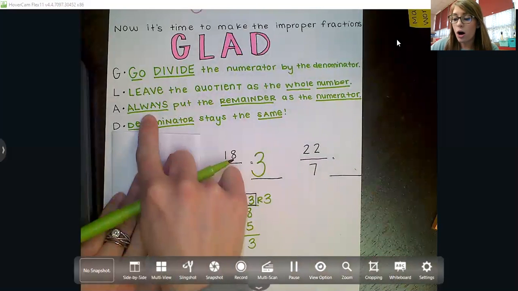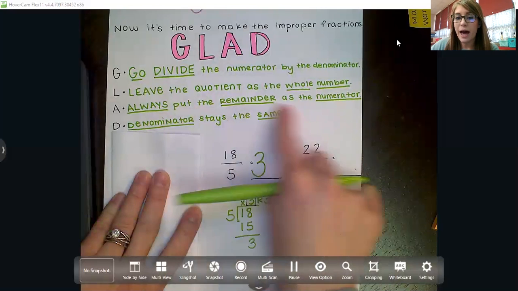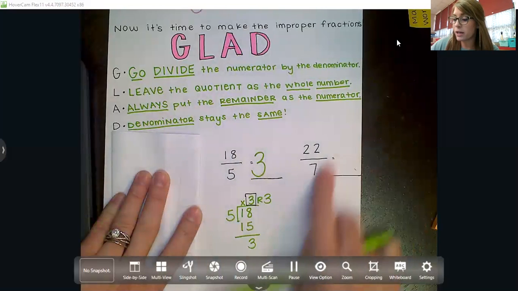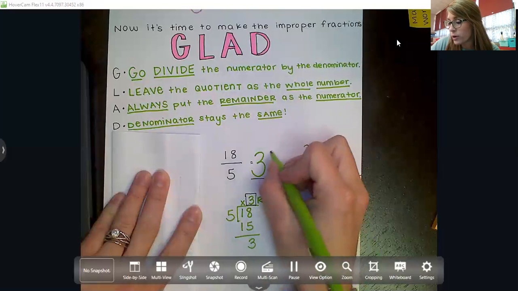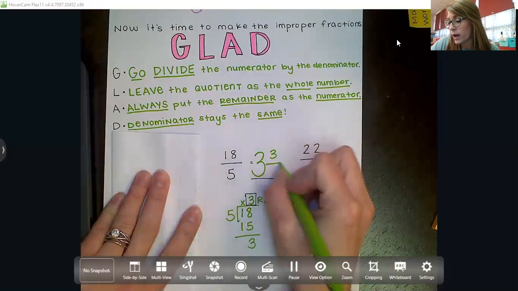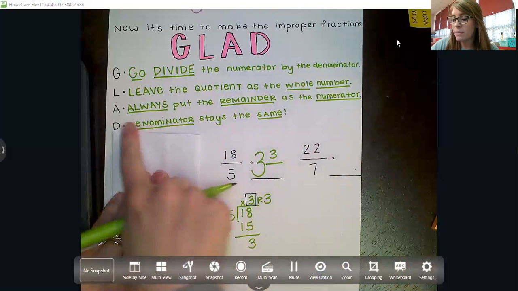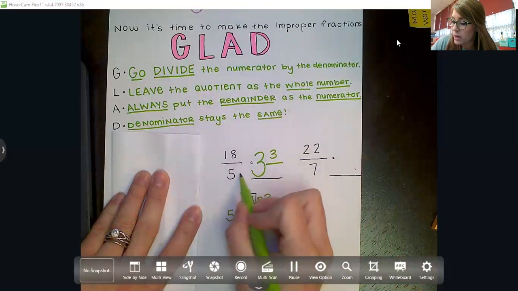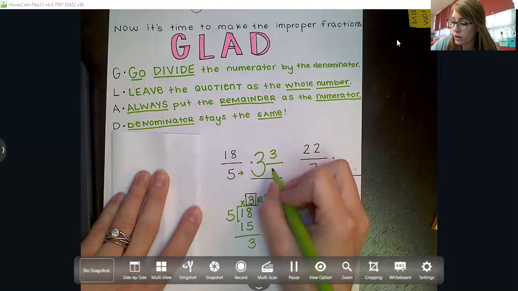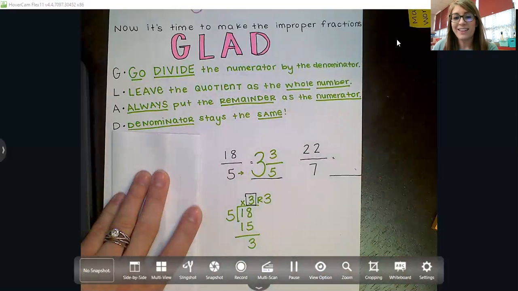Next step, always put the remainder as the numerator. Well, my remainder is 3. Very good. So I'm going to put 3 as my numerator. And then for my last step, denominator always stays the same, which means this denominator is just going to transfer over for 3 3/5. Very good.